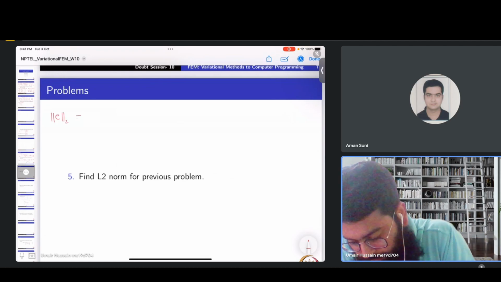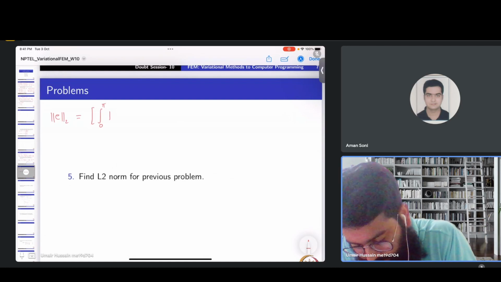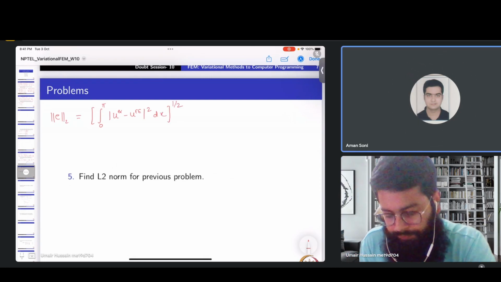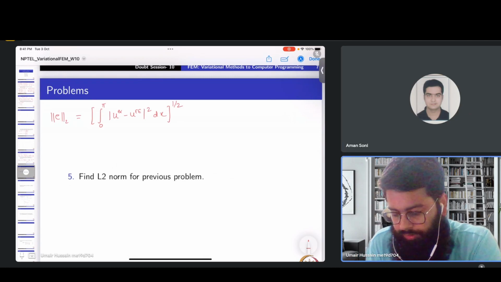The domain is 0 to pi. We take the difference, square it, integrate dx, take root. So this is the formula.